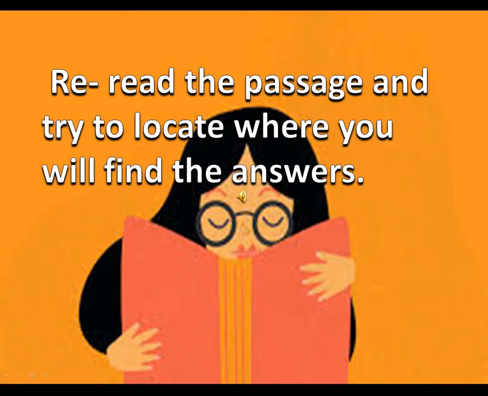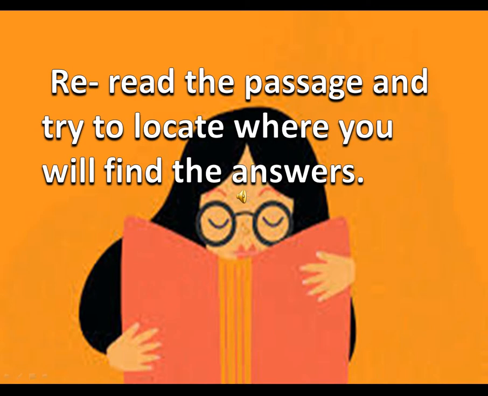After the second rule comes the third rule, where you have to reread the passage and try to locate where you will find the answers. So the very first step was to read the passage thoroughly, which was followed by reading the questions, and now comes the third step where you have to reread the passage.